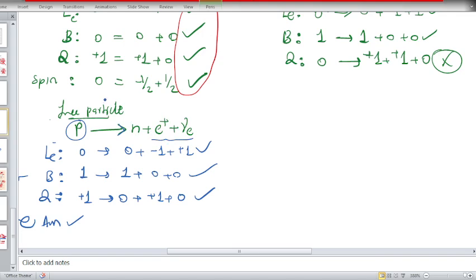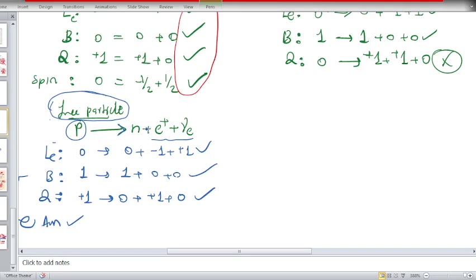So for a free particle that is not possible. With the presence of a heavy nucleus, in that case it is possible. This decay is possible inside a nucleus, but for a free proton this particular decay is not possible, because the proton has less mass compared to the neutron, and you also have one more particle, the positron, on the other side, so the energy will not be conserved in this case.